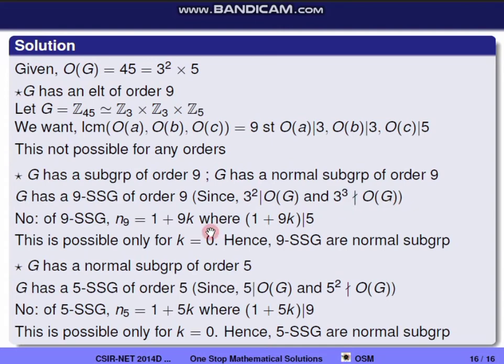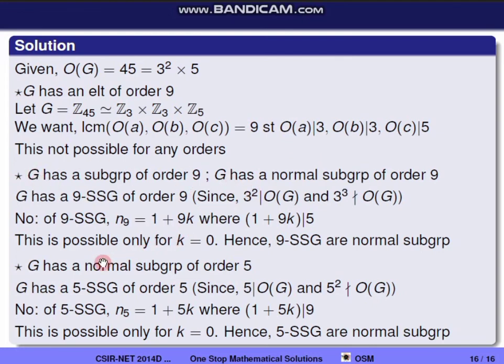So using the third Sylow theorem, we are finding the number of 3-Sylow subgroups, which is n_3, equal to 1 + 3k, and this 1 + 3k should divide 5. So this is only possible for k equal to 0. That is, we are getting the Sylow subgroup as a unique subgroup. Hence the Sylow subgroup is a normal subgroup by the last concept. So these two options are correct.